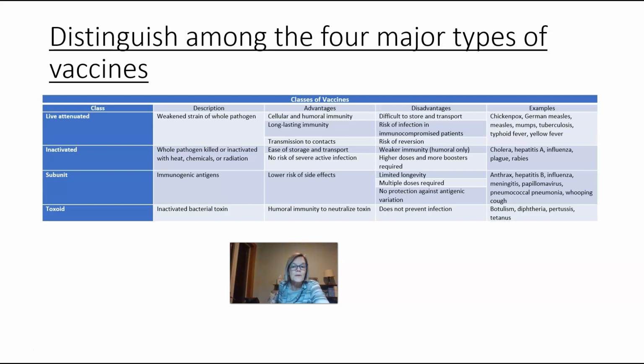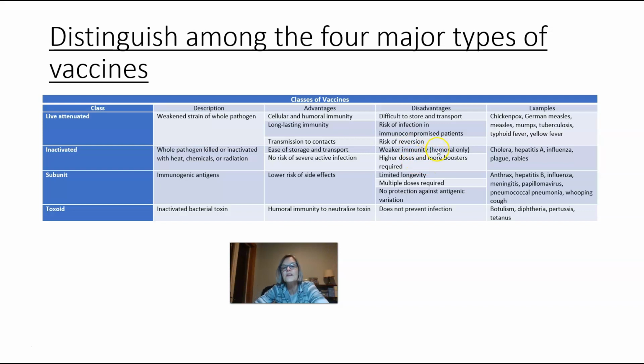It's not able to replicate, but your immune system does recognize that it is foreign, and you can make an immune response against it. So it says the whole pathogen's killed or inactivated, and it gives you some examples of how they do that. It's a little bit easier to store because it's not alive.